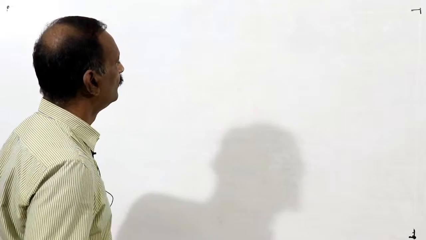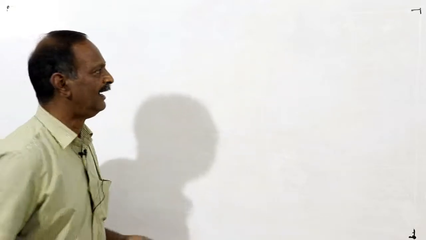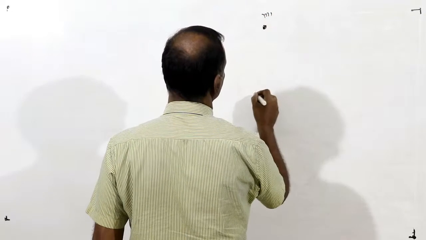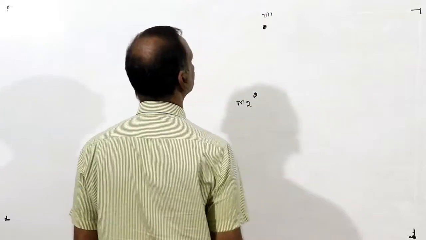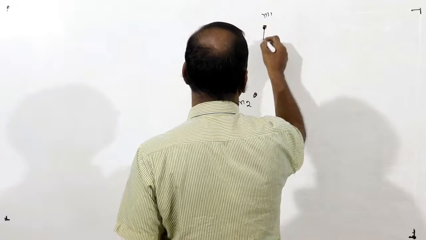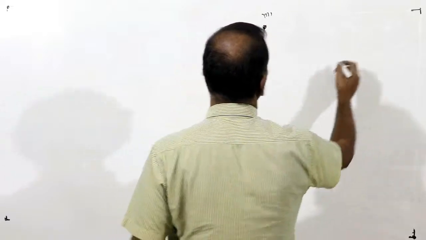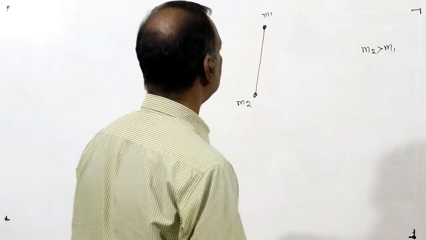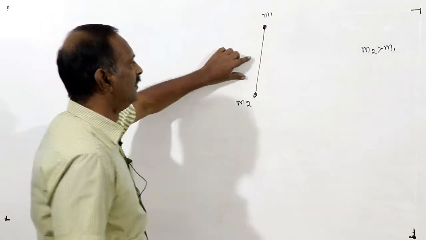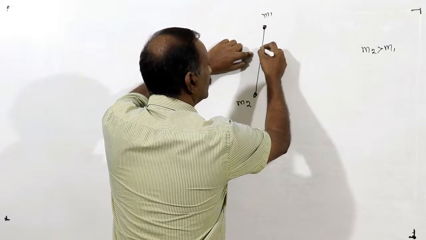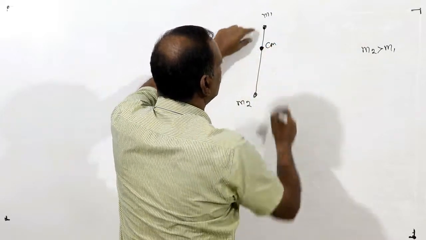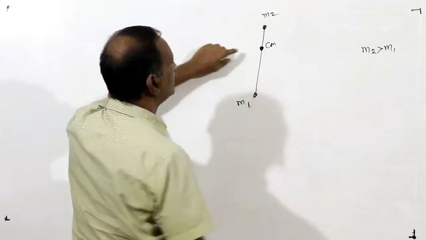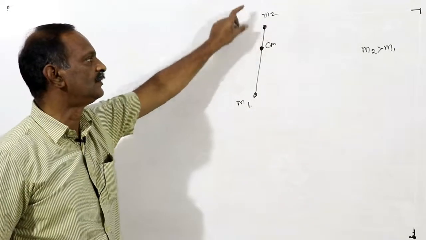Now, where is the center of mass located? Suppose there is a mass m1 here and a mass m2 somewhere else. If m2 is greater than m1, the center of mass of the system is always located close to the heavier mass.